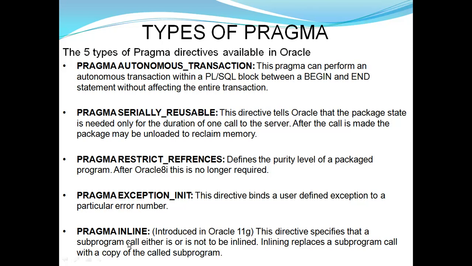And pragma inline is nothing but allowing you to inline the called procedure. So simply, these are the types of pragma. Out of these, you should only know the first and second. That's why I kept them in the first and second.